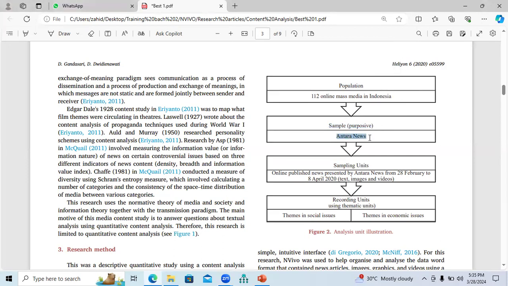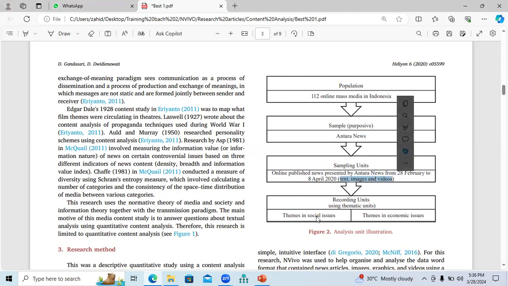They have used Antara News. Maybe this would be their channel for providing the media news. So they considered online published news presented by Antara News from 28th February to 8th April using text, images, and videos.